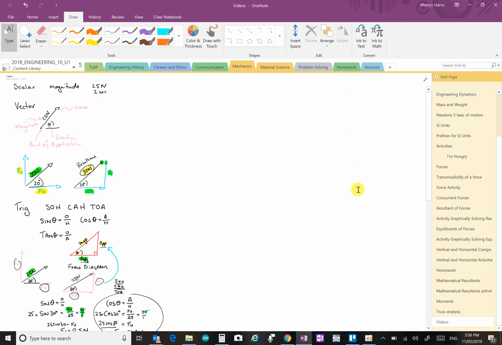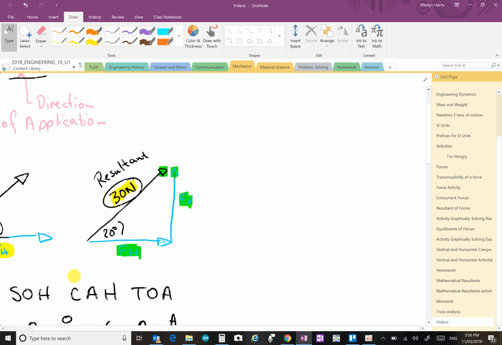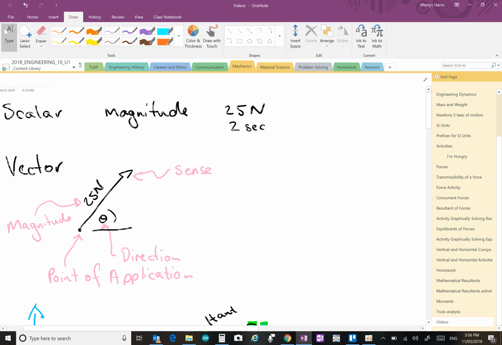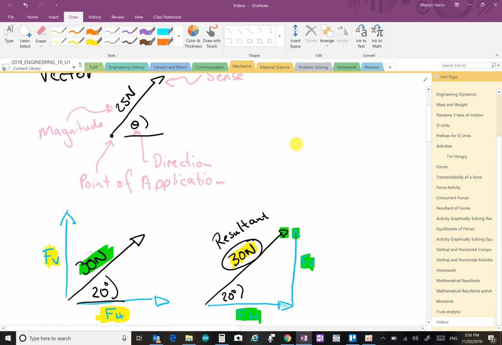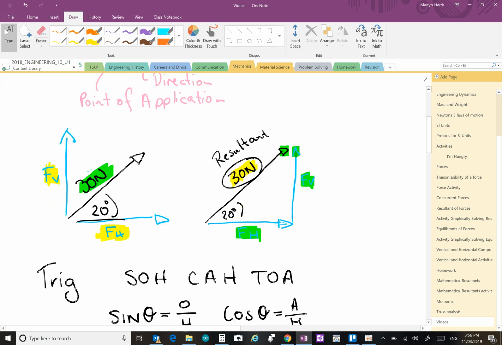Welcome to the next tutorial in this series on mechanics. In our first tutorial we learned about scalars and vectors. Scalars are just the magnitude; vectors have a magnitude, direction, sense and point of application.